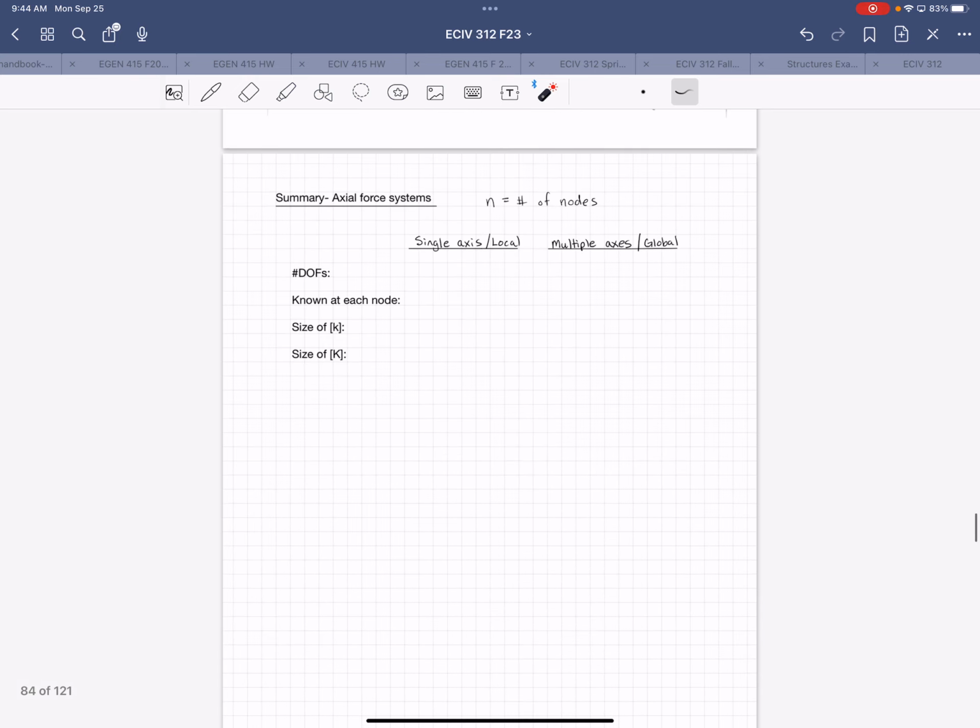So a quick summary of this, and then I'll have a few comments after that. So, a quick summary of our axial force system applied to trusses.